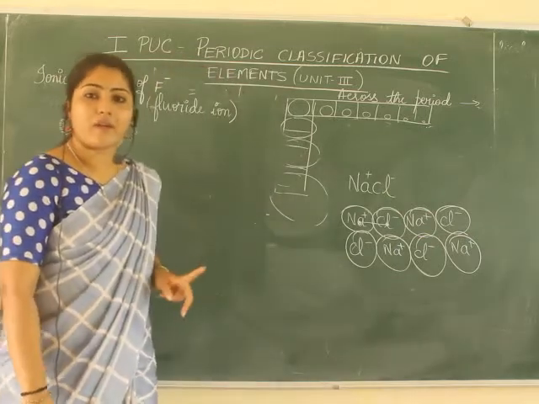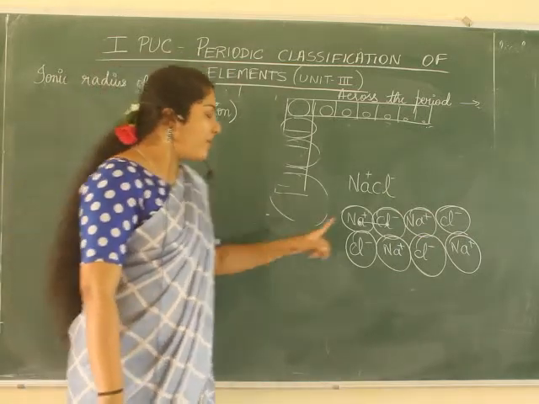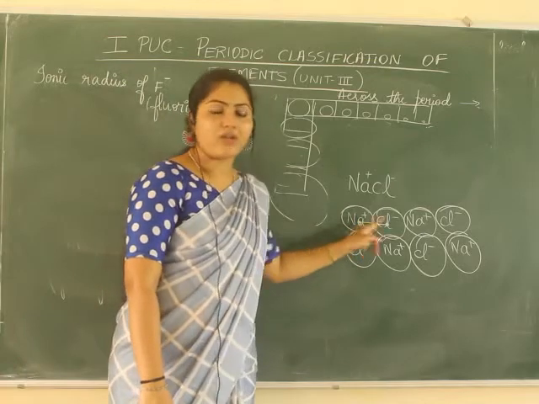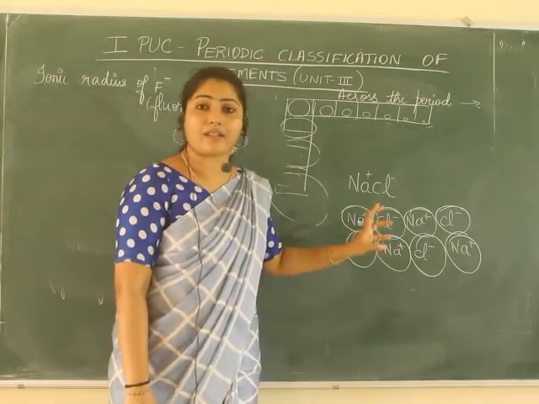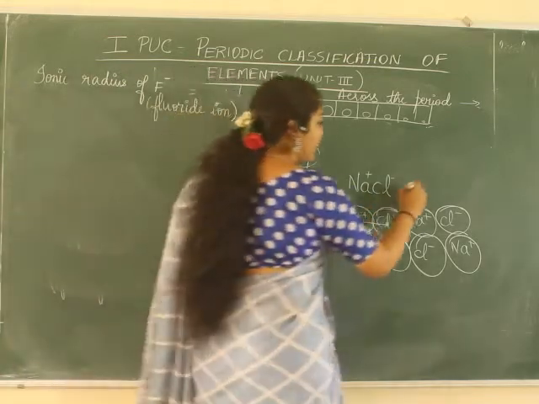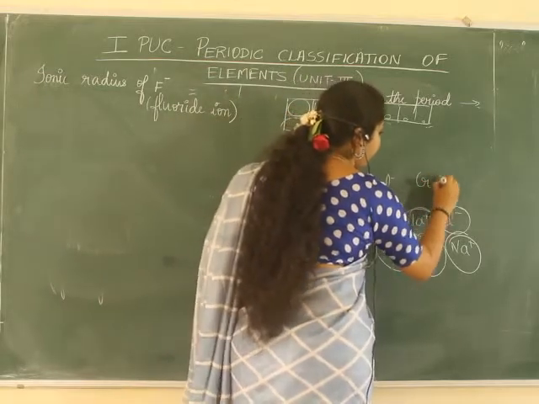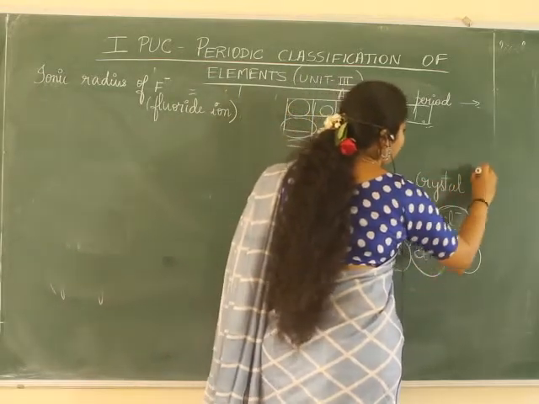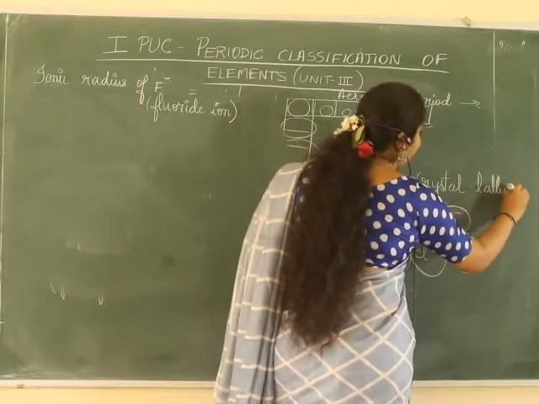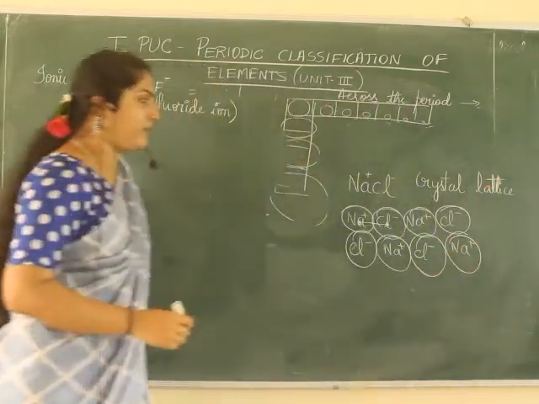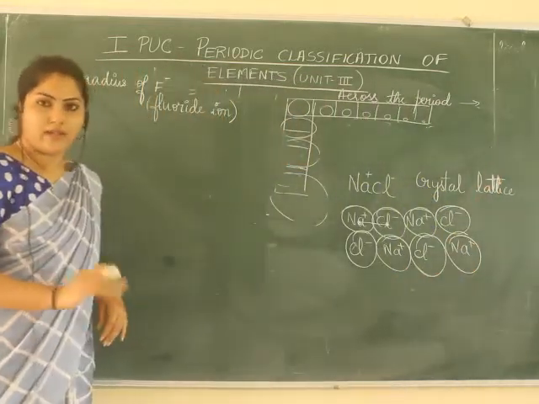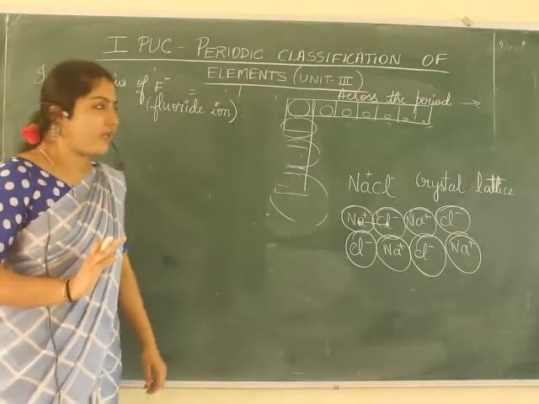Clear? What is ionic radius? The distance between the center of cation and anion in the crystal lattice is called ionic radius. That will be the definition for ionic radius.